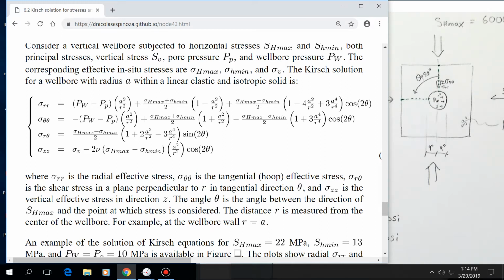You need it. Sigma minus pressure gives you sigma.